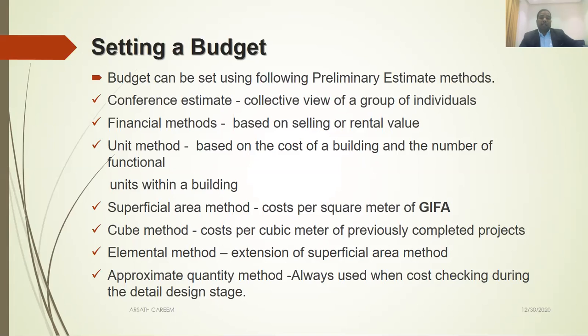Now you want to build 10,000, so you will incur 115 million cost. Then you add some profit for yourself, let's say 5 million. So 200 million is your budget, simply. This is based on the selling and rental value. This is also one of the methods.